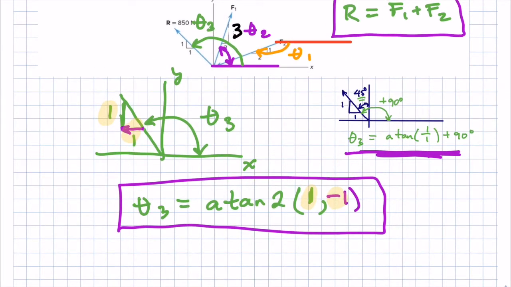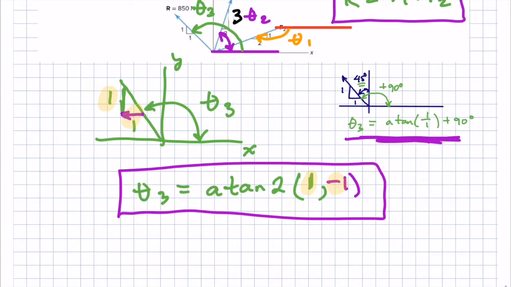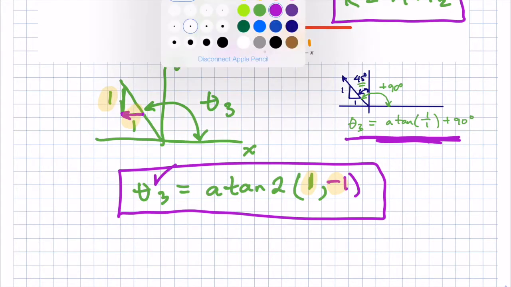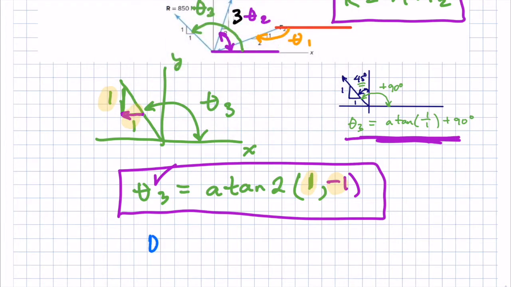Okay, so let's calculate the other thetas using the same approach. By this time, this is a number. It can be stored in your calculator. Let's do theta 2. Theta 2 can be done the same way.